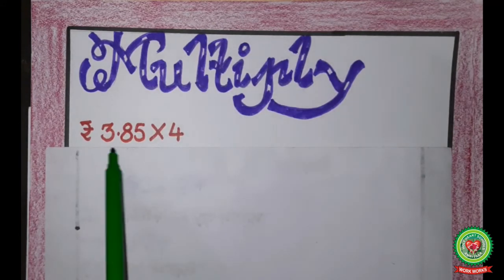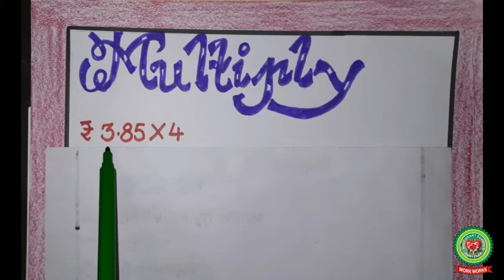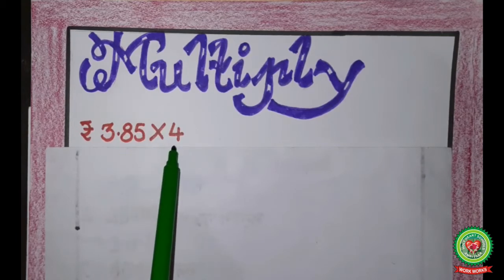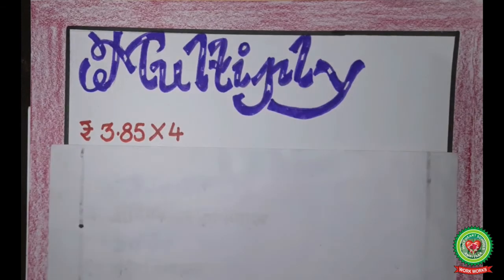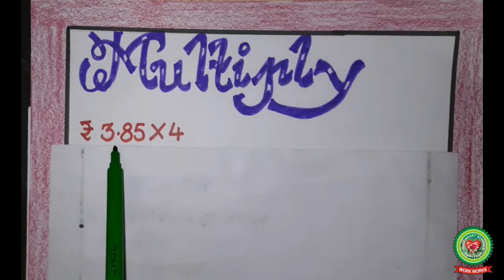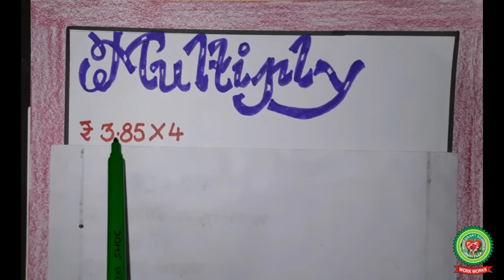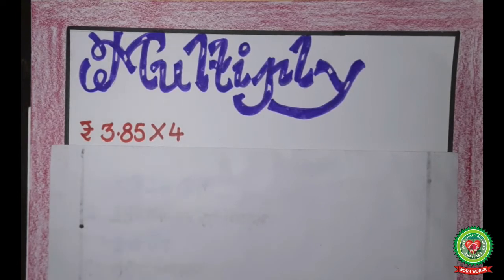Example number 1. Multiply rupees 3 and 85 paise by 4. Students, while doing multiplication in chapter money, we will leave this decimal for some time, and at the end again we will put this decimal in the answer.